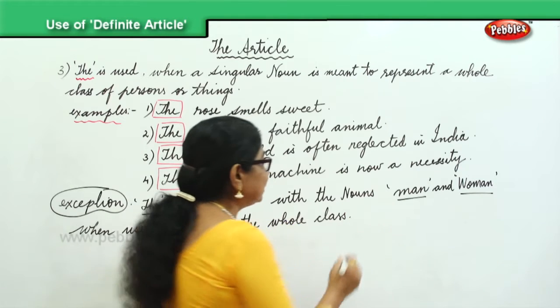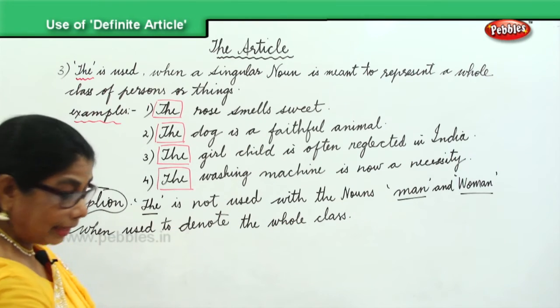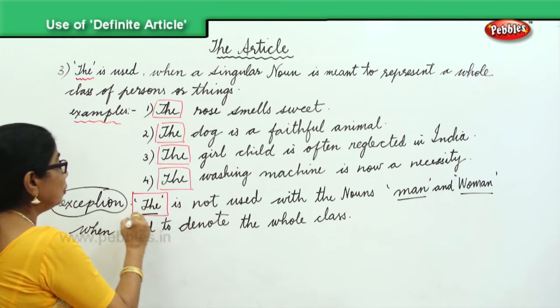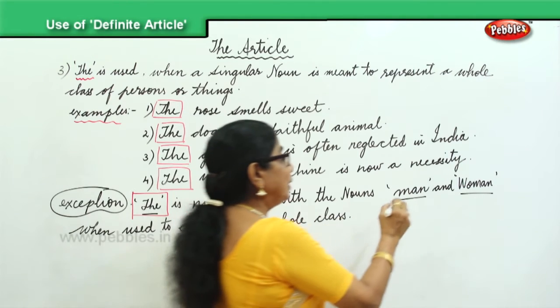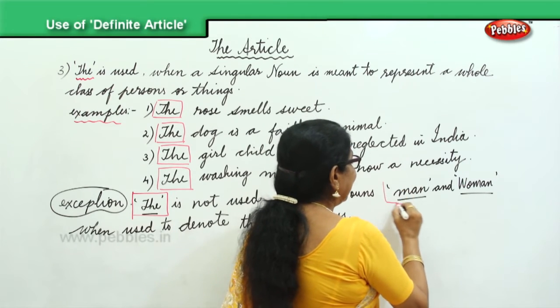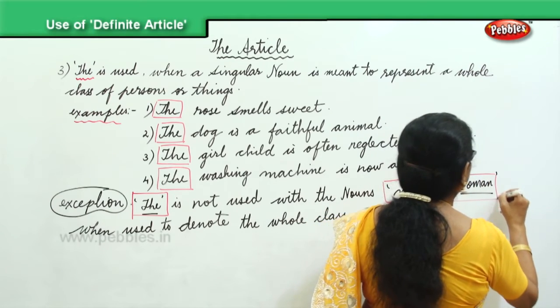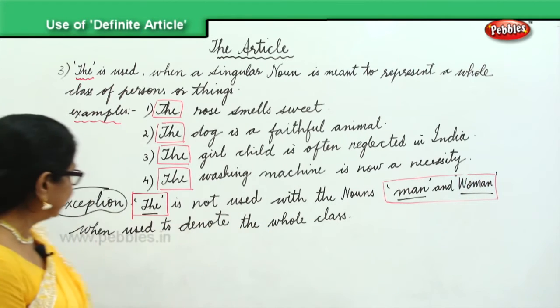So in this case, we say that the is not used with the nouns man and woman. This is an exception and we have to remember.